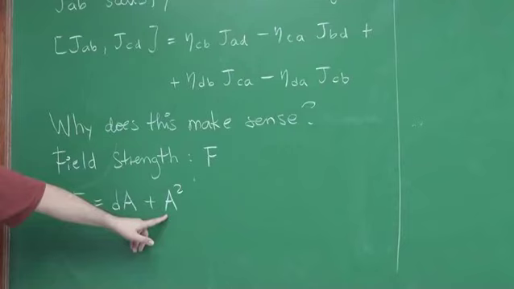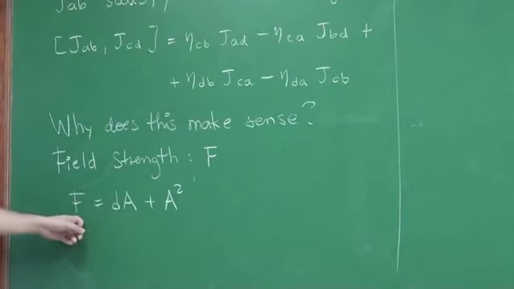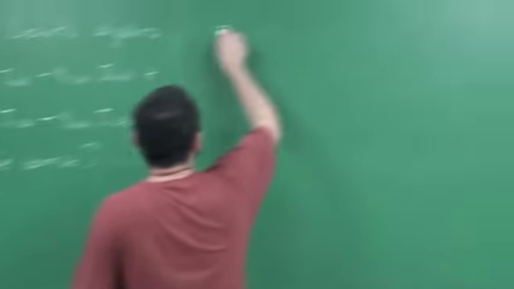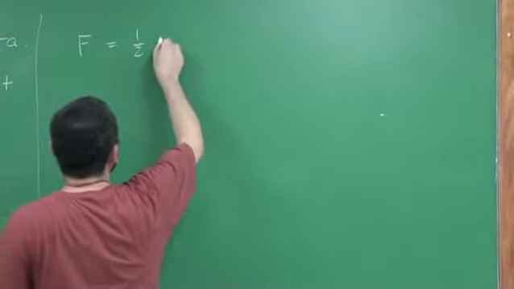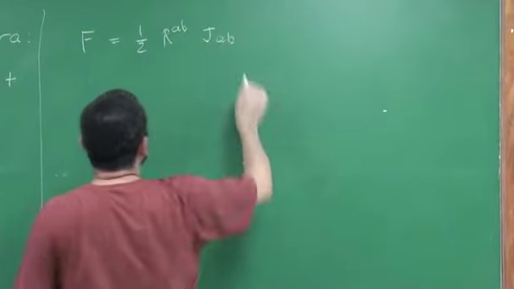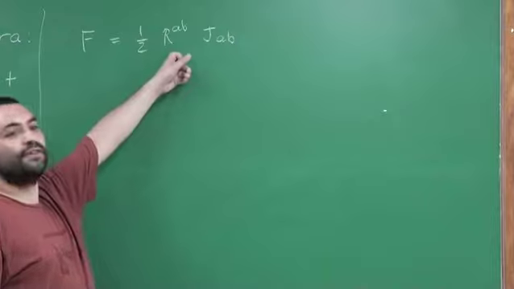But this is no ordinary differential form, this is a differential form that takes values in a Lie algebra, so it doesn't commute with itself. And if you compute the field strength for that A, you find this. So this field strength is the Lorentz curvature.